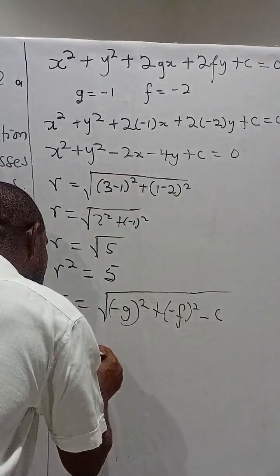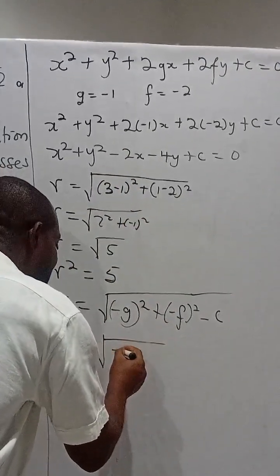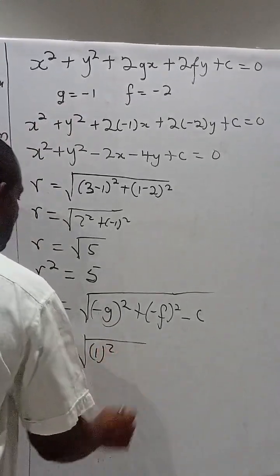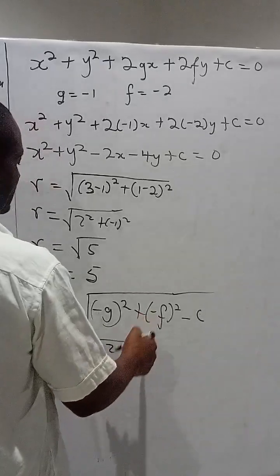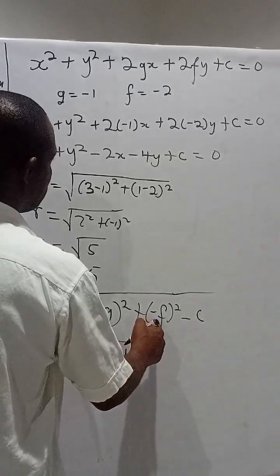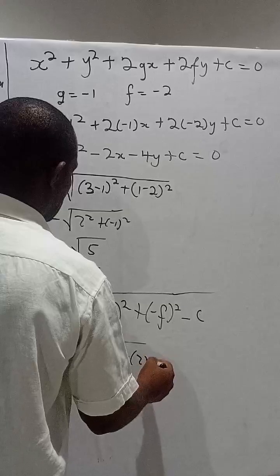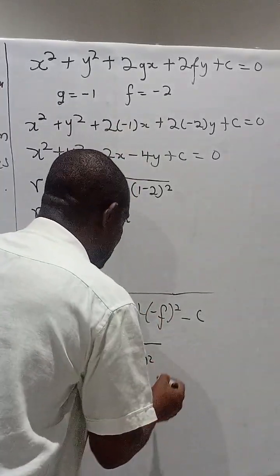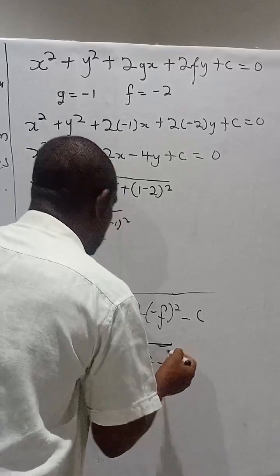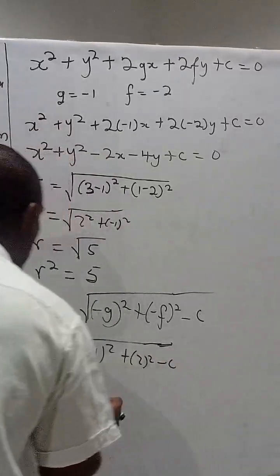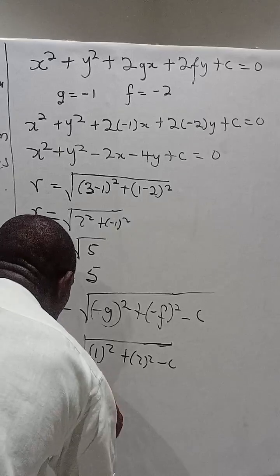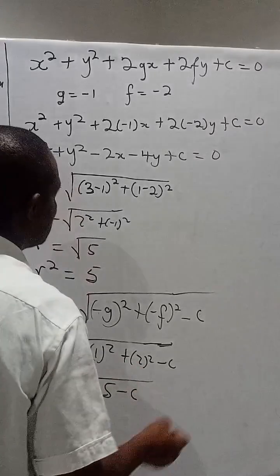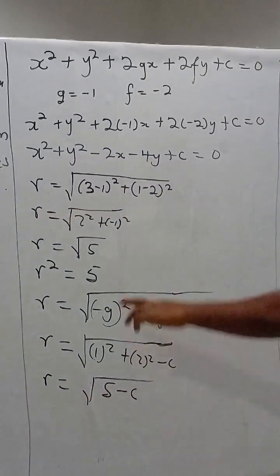Our R will be equal to the square root of: negative g is 1, so that is 1 squared, plus 2 squared, negative f being -2, then minus c. Good. Now, I will say that R is equal to the square root of 1 plus 4, that is 5, minus c.